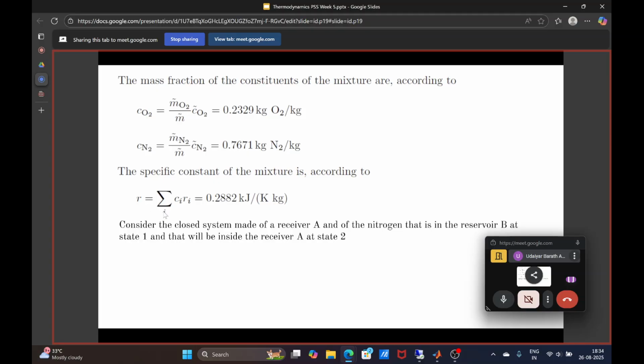Next is to consider the closed system to be reservoir A and the nitrogen that is in reservoir B at state 1.